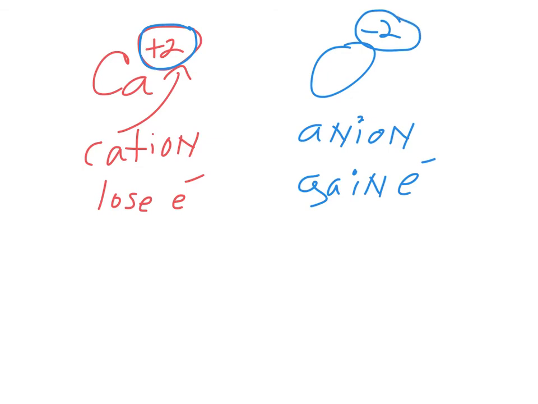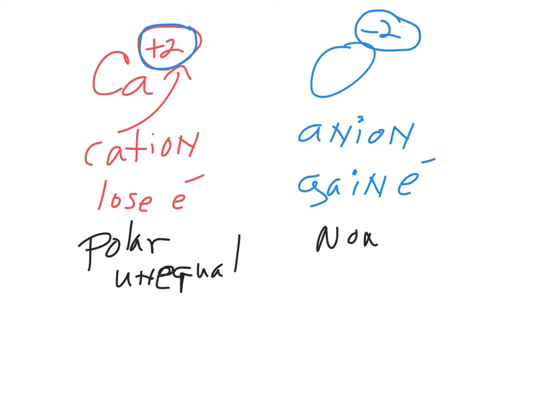Okay, now also, don't forget your polar and your non-polar. A polar bond is one that is unequal. You have an unequal pull. Okay, just to refresh our memories. A non-polar bond is an equal pull of that electronegativity. So for example, let's go back to that sodium chloride.